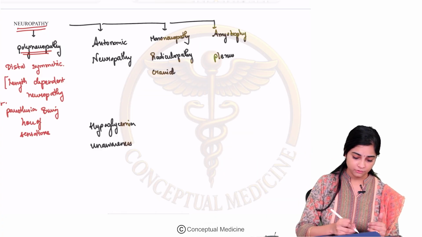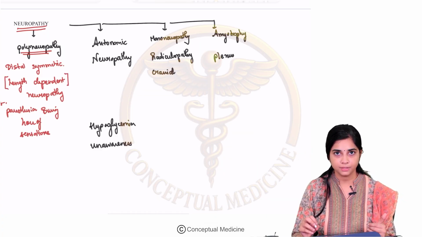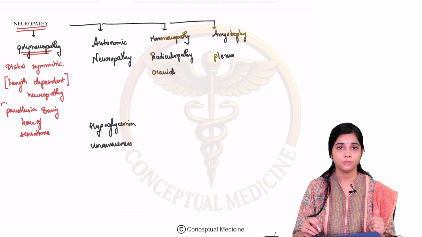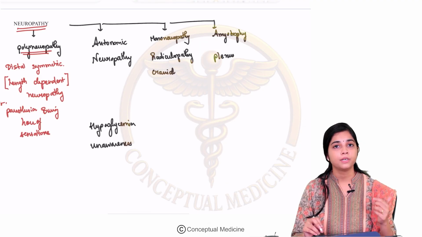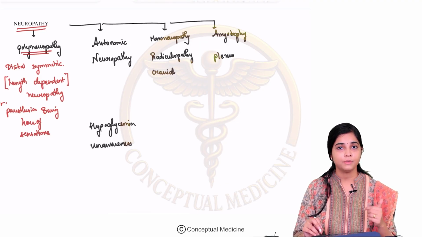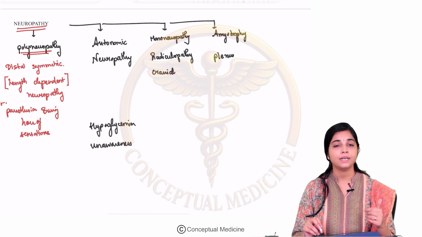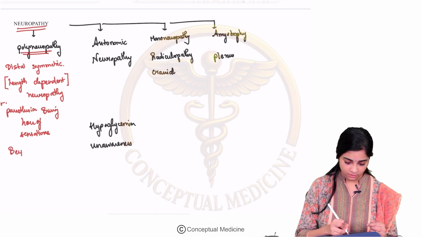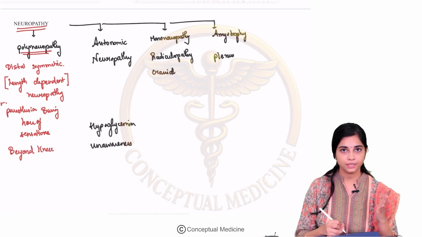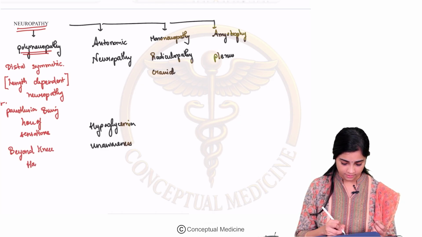And what is the meaning of length dependent neuropathy? Length dependent neuropathy means that there is involvement of the lower limbs first, until it progresses beyond the knee. Once your neuropathy progresses beyond the knee, that is when you can have involvement of your hands.